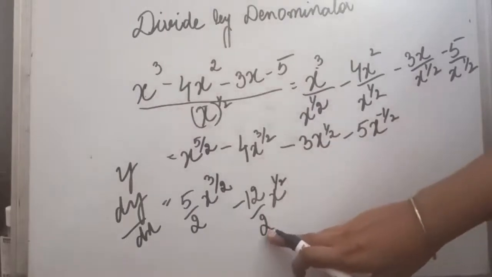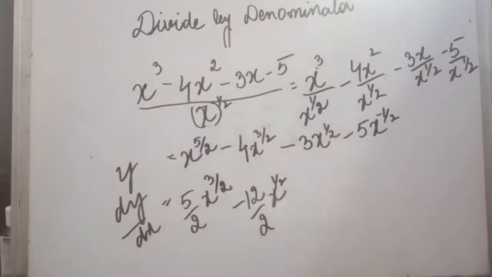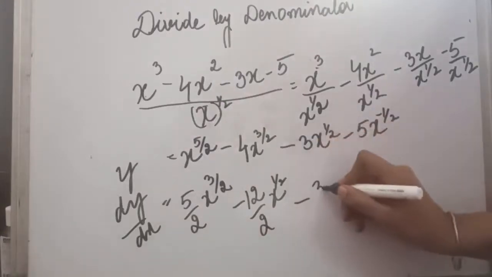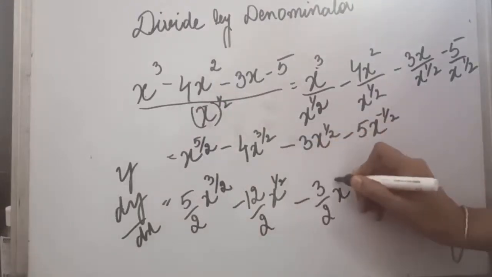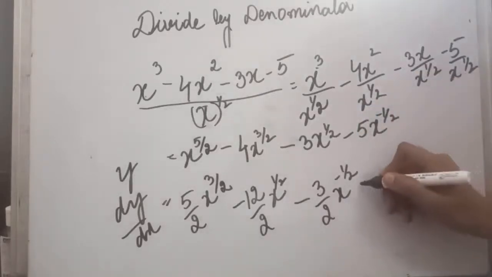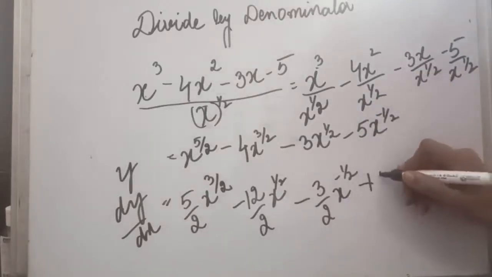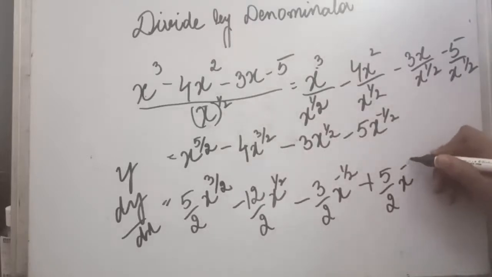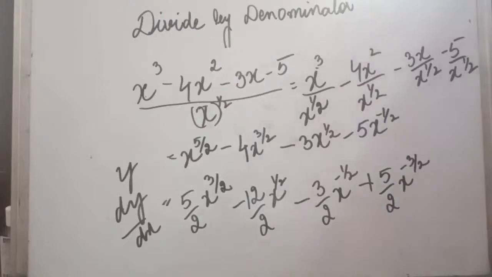Or we can write here 6 directly. 12 by 2 is 6. Minus this half will come further, so 3 by 2 x, it will be minus half. Half minus 1 is minus half. It will be plus because this minus half will be coming further, so it is this minus half minus 1 is minus 3 by 2.